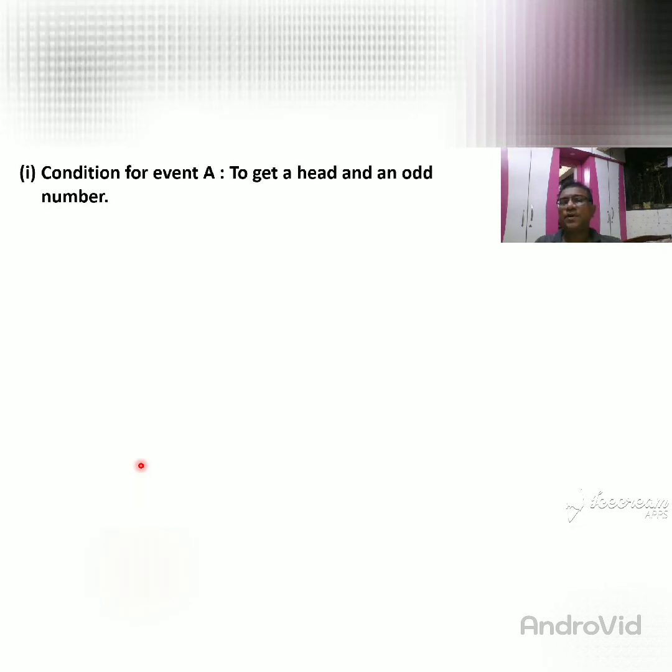So we can see the first event A. Event A is to get head and an odd number. So you write head and odd numbers. Odd numbers mean 1, 3, 5. I stop at 5. Why?